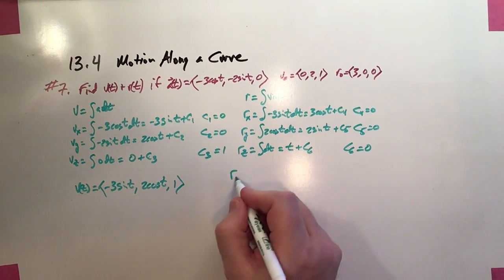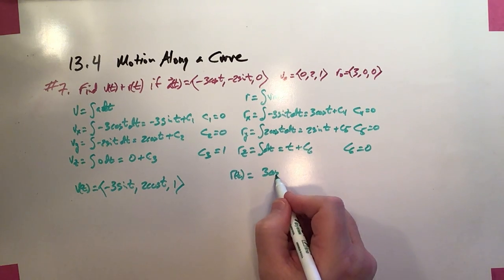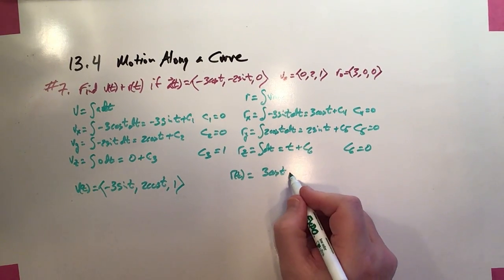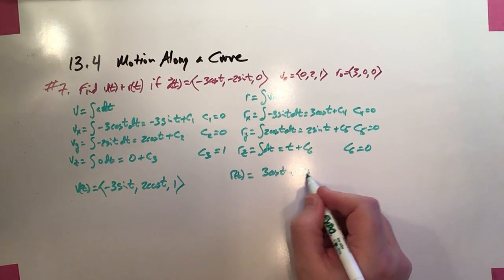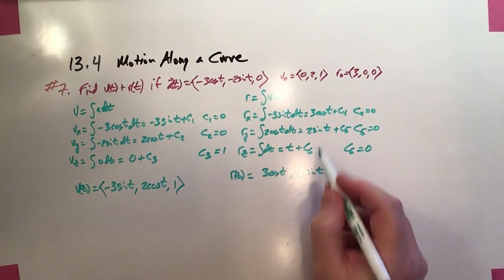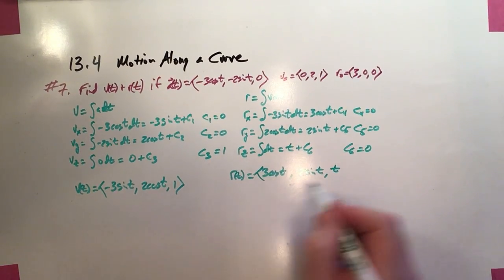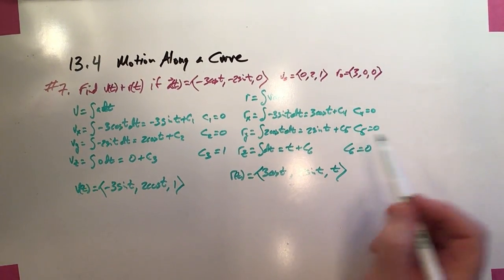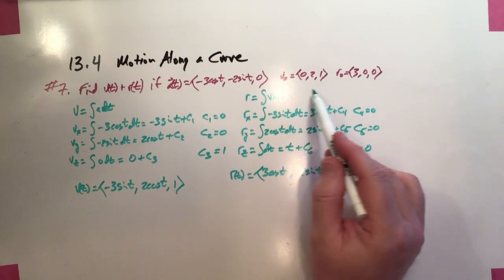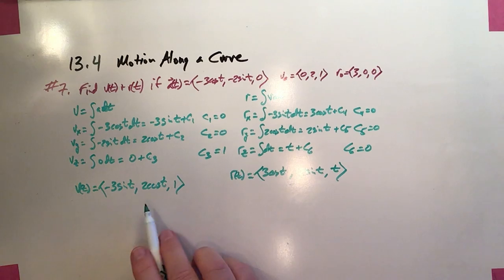So that makes our r function equal to 3 cosine t, 2 sine t, and t. So given the acceleration and boundary conditions for r and v, we can actually reconstruct r and v.